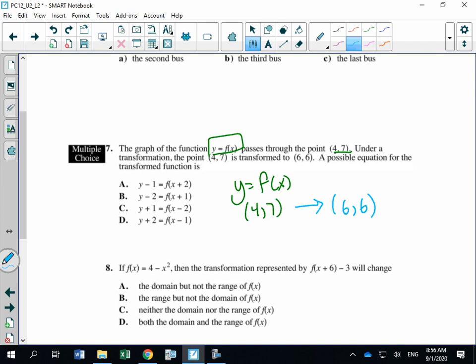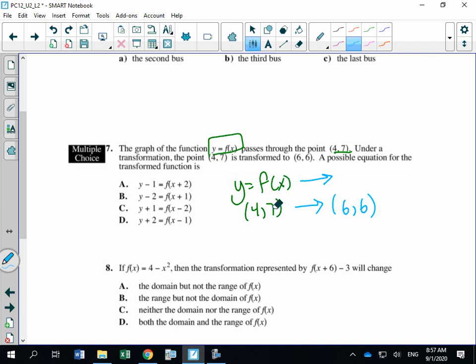And then what it says is a possible equation for the transformed function is. All right. So they want us to take that equation y is equal to the absolute value of x, and figure out if that's a point on the original graph, and this is a point on the image graph, what transformations are happening.